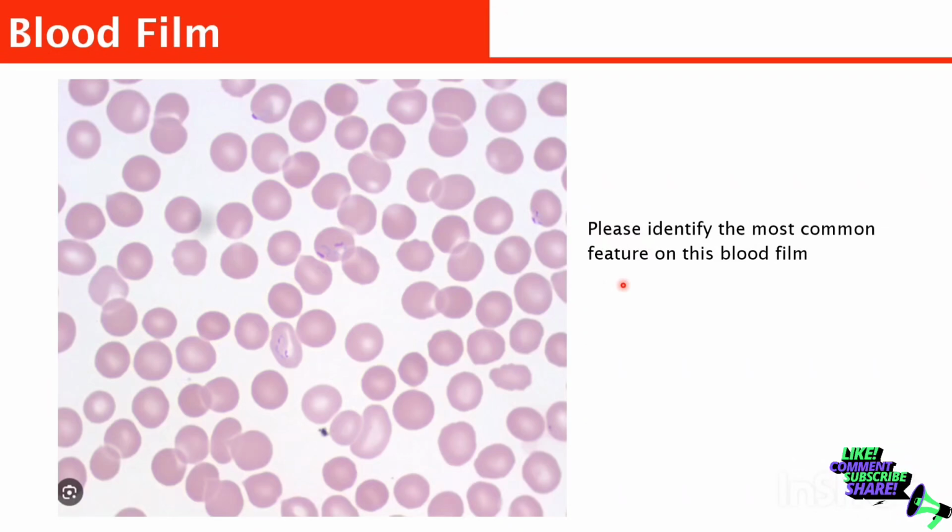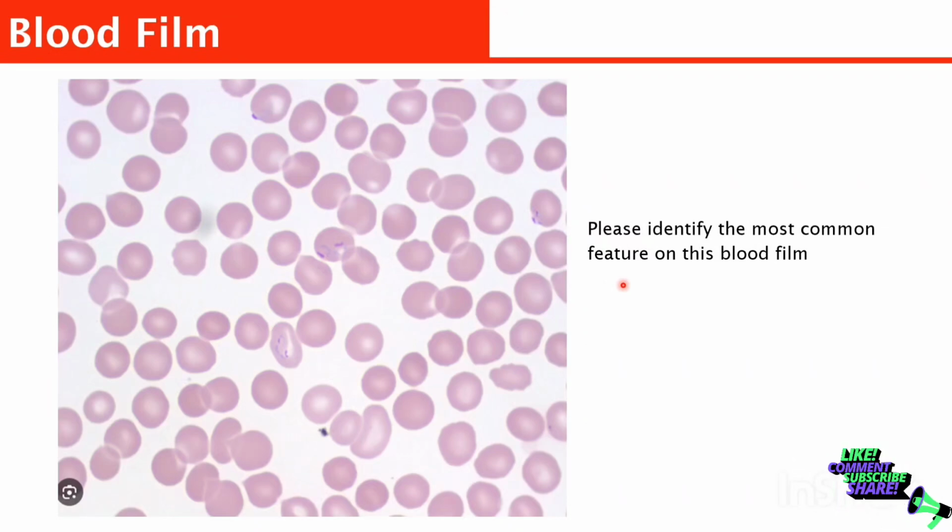Okay. Now, remember, in blood film morphology, there are key blood cells that have to be identified, or have to be commented on where possible. One is red blood cells, two is white blood cells, three is platelets. Make no mistake about it. So these three main blood cells have to be commented on, whether you think they are normal or abnormal. But in this context, maybe we're going to focus on what is abnormal.